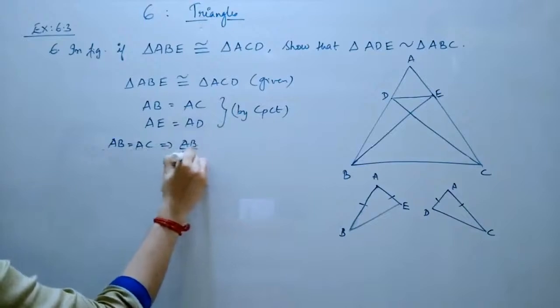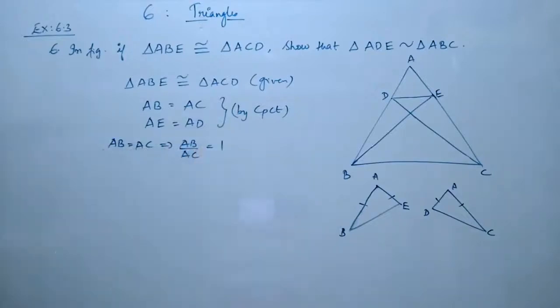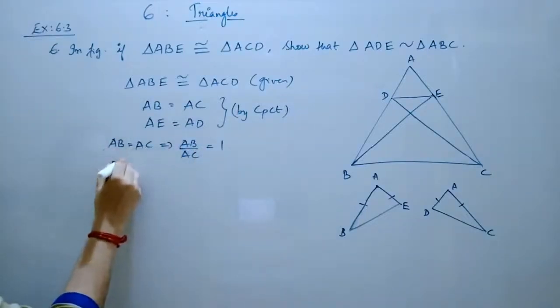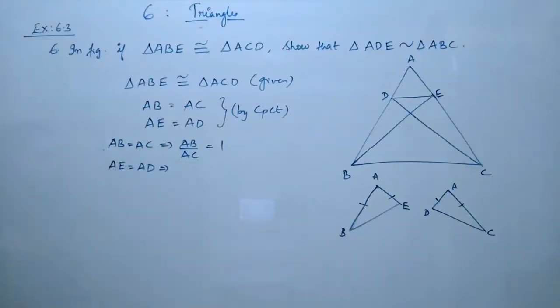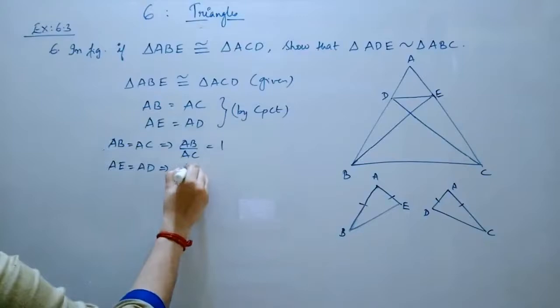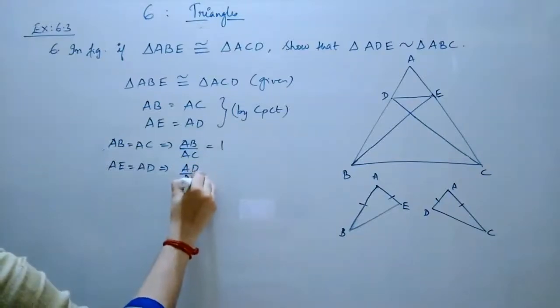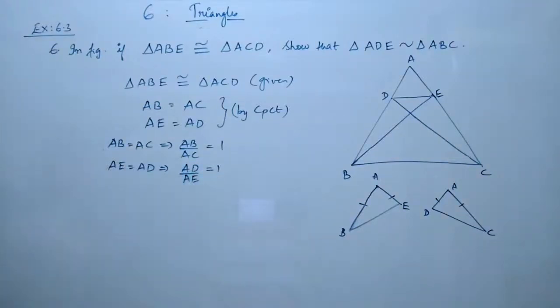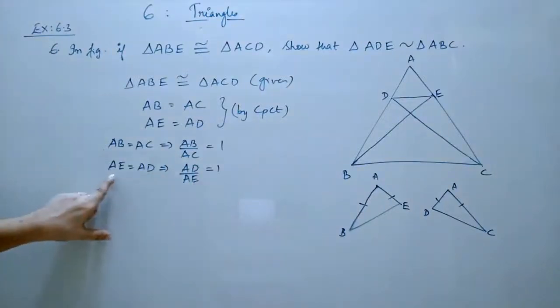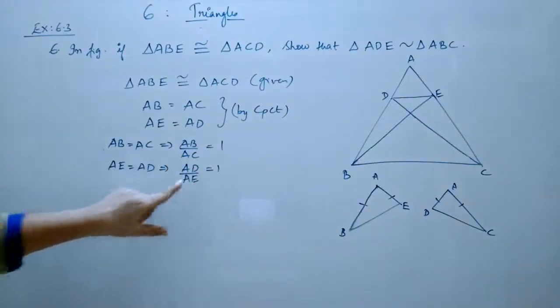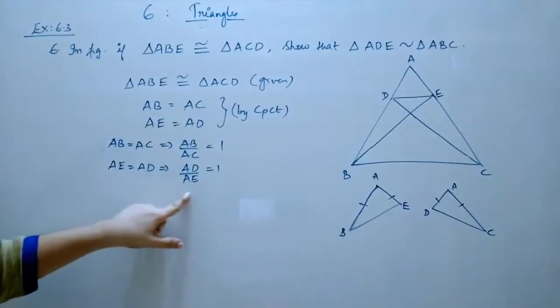AB by AC will be 1. And from AE equal to AD, again I will get AD by AE is equal to 1. Right? Now why have I taken AD by AE? Because here again AE by AD will also be equal to 1, AD by AE is also equal to 1.